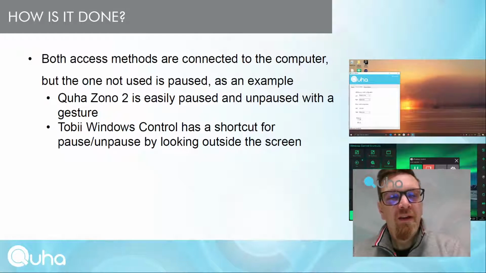The most common way is that both access methods are connected to the computer simultaneously, but only the one that is currently used is activated and the other one is paused. Quha Zono 2 is easily paused and unpaused with a gesture, and Tobii Windows Control has a shortcut to unpause and pause just by looking outside of the screen.